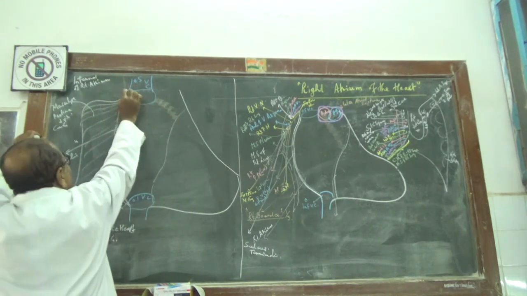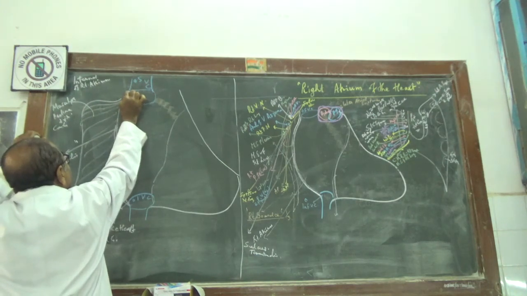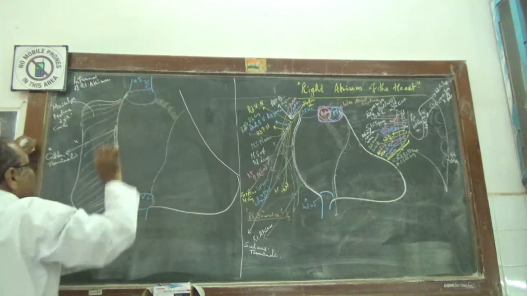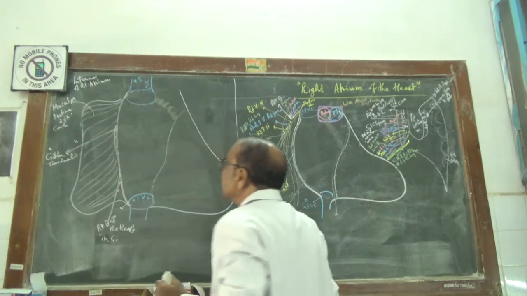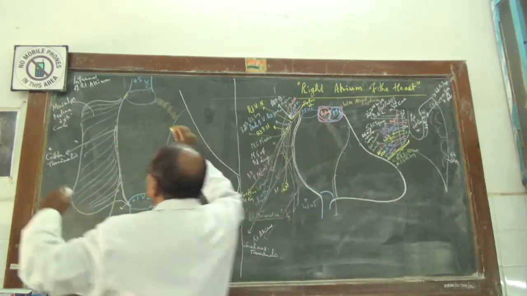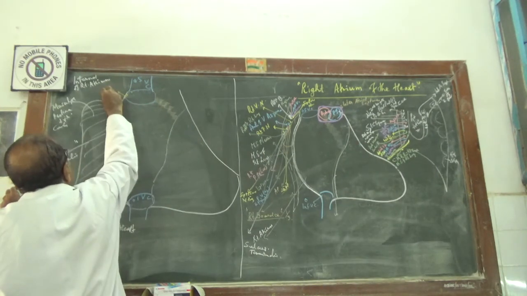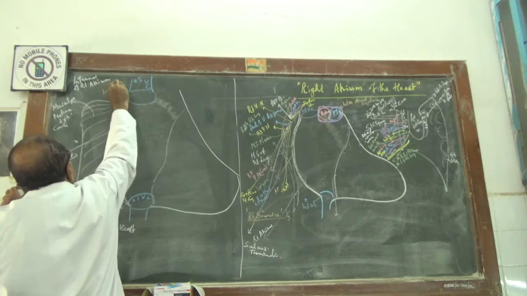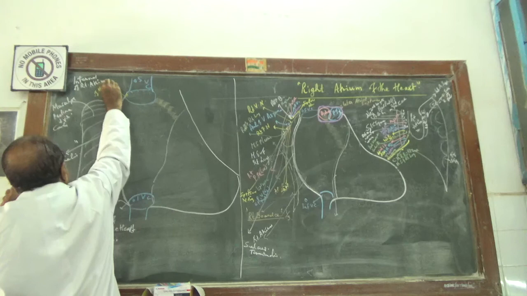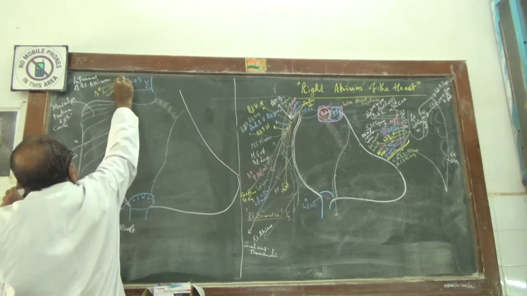Now, at the beginning of the crista terminalis, very close to the right part of the opening of the superior vena cava, small nodules of nerve clusters appear.